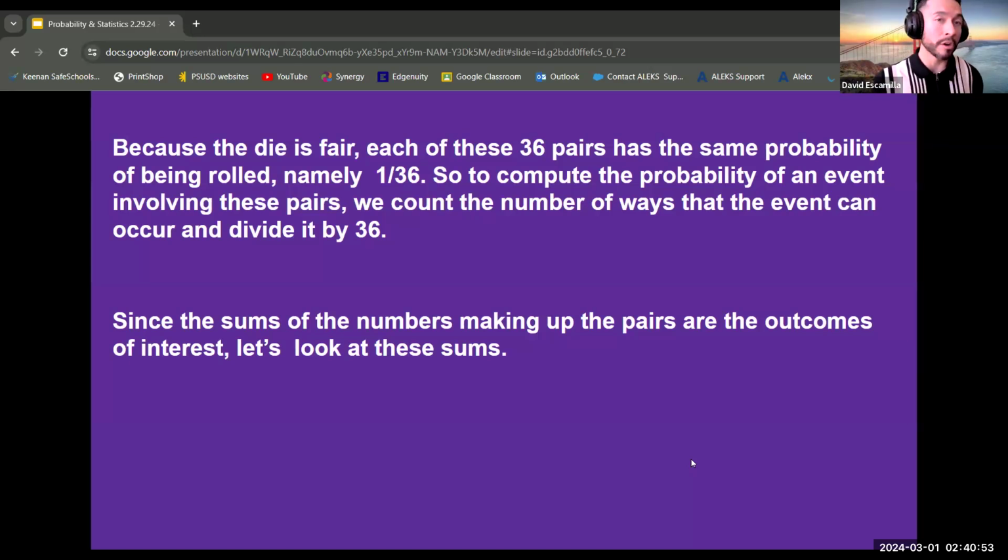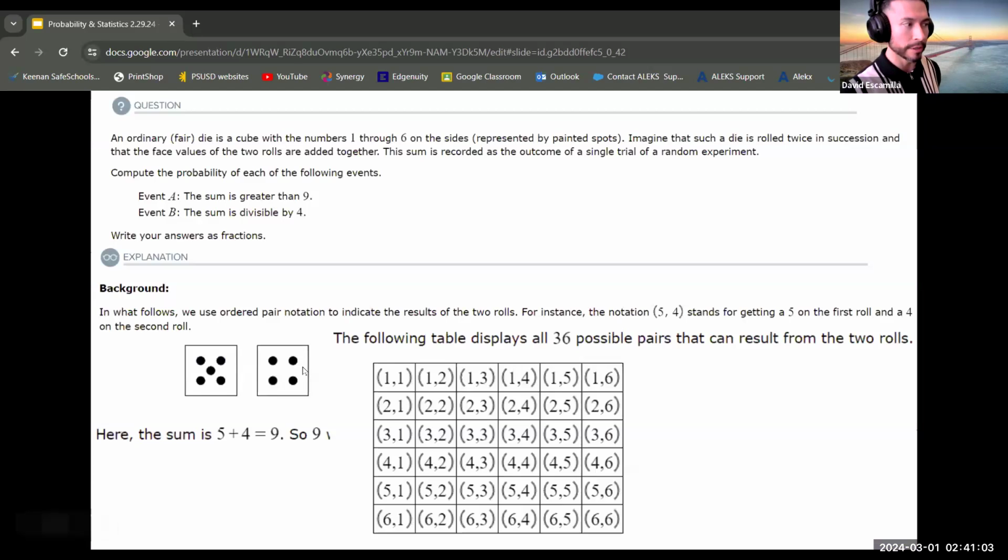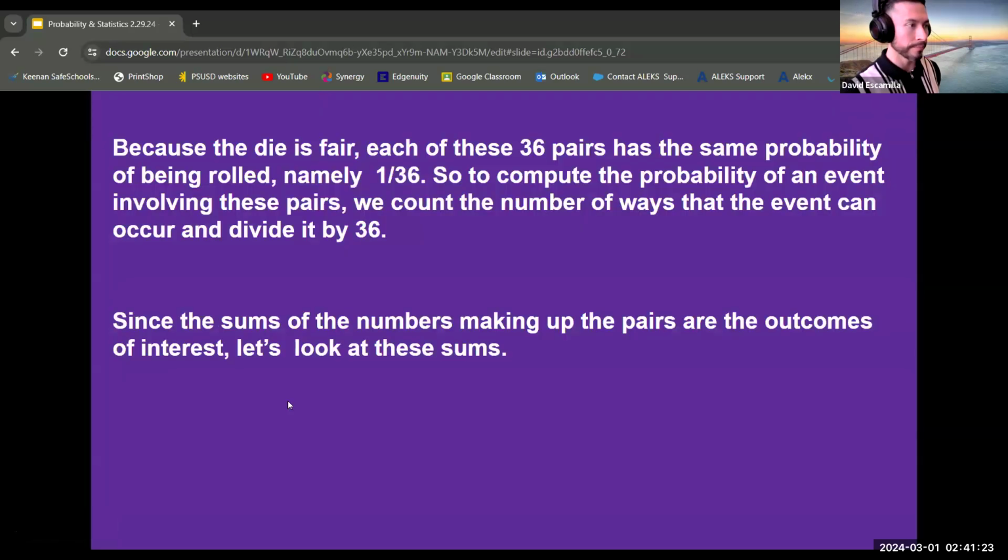Because depending on their sums, I didn't put the definition here, but the sum is basically adding two numbers together, just the way we did with 5 and 4 over here. If you see column 1, 2, 3, 4, and then you go down here, this is the numerical representation of rolling a 5 first and rolling a 4 after, okay?